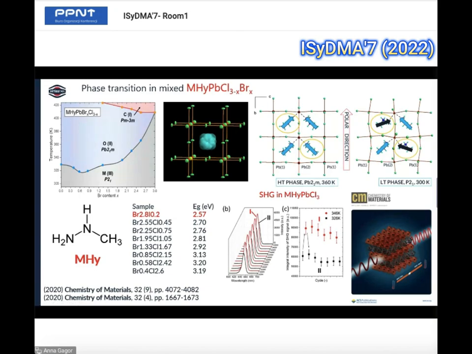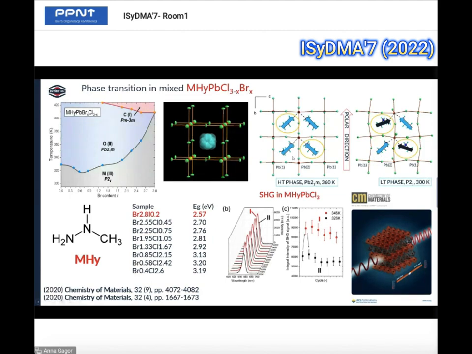So this is a new finding, because the methylammonium and the formamidinium crystallize in centrosymmetric structures. Here we have a polar arrangement of cations.